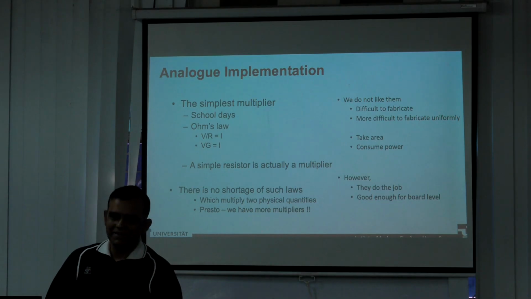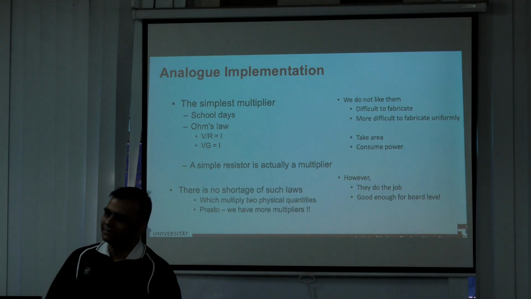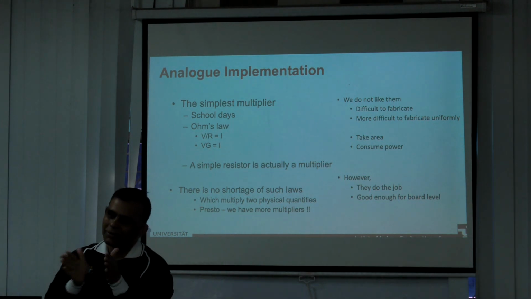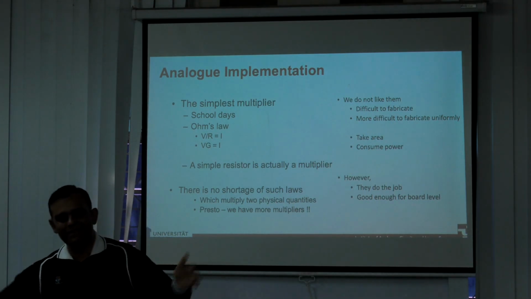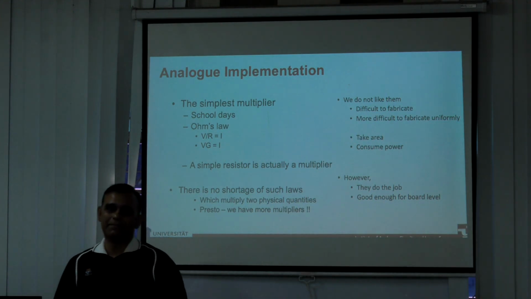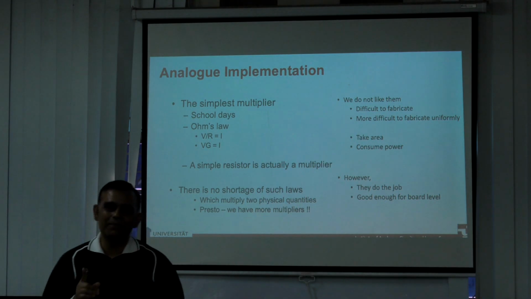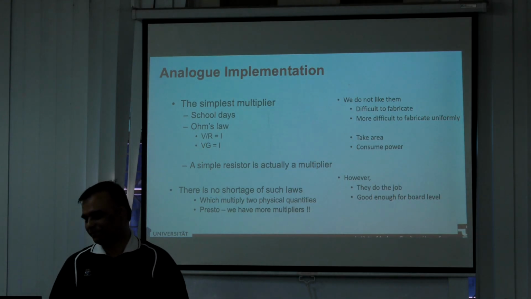But we don't like resistors. A few reasons. They're difficult to make, and we are making things smaller and smaller, and now you will come back and give me a 10 kilo ohm resistor. That will take a bit of area. They're even more difficult to make uniformly, because you're not only asking for one multiplier, you're asking for a million multipliers.